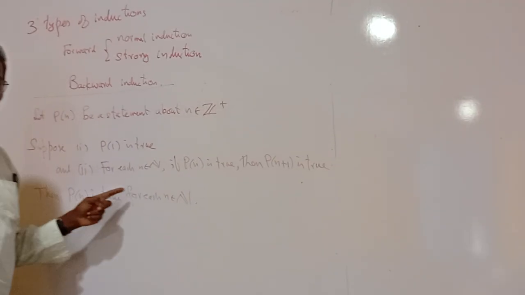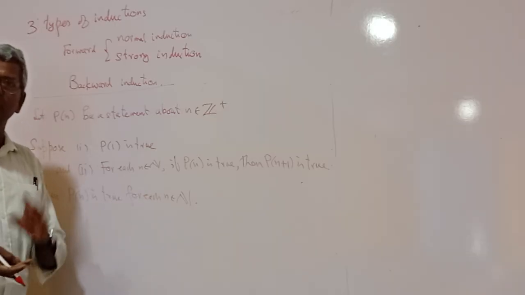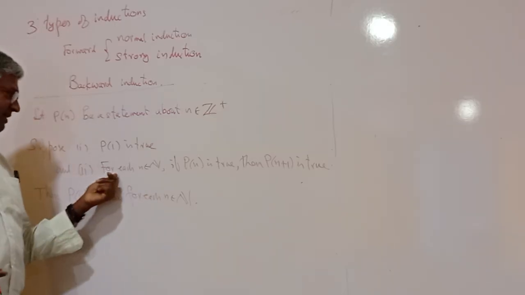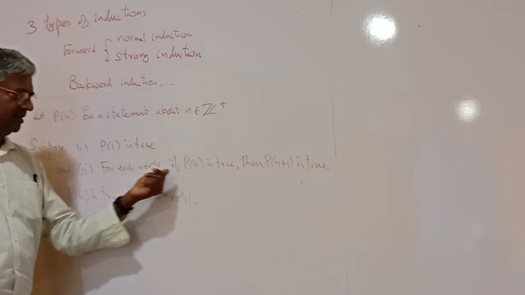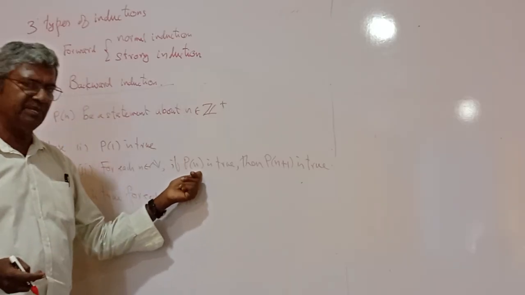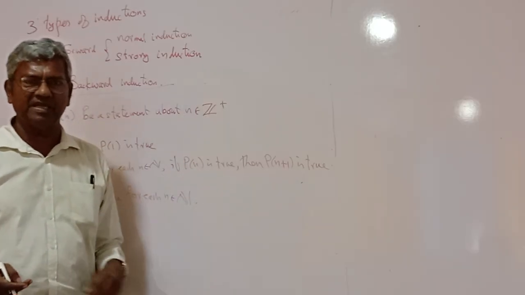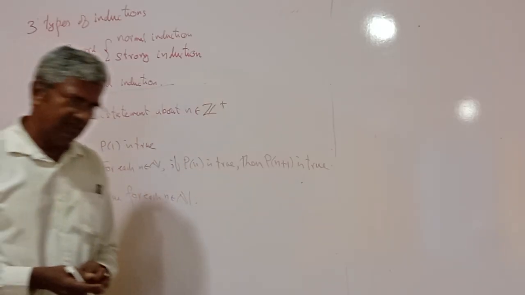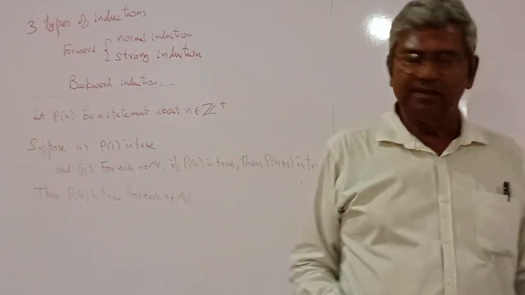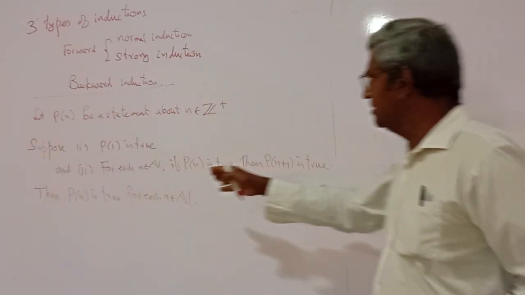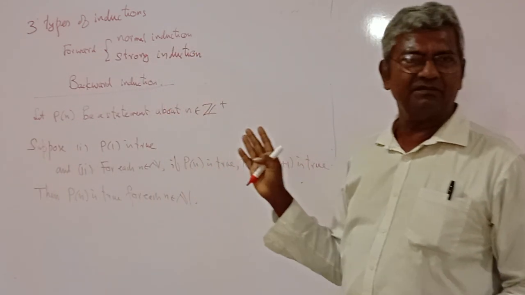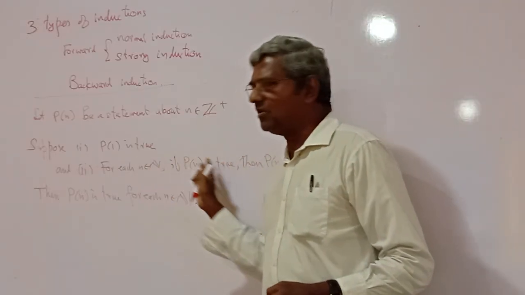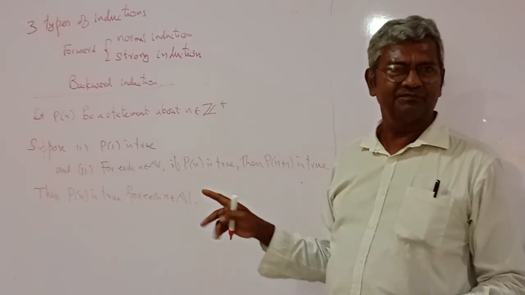In A level, actually, you don't have induction problems like this. All you do is take an arbitrary n, assume Pn is true, then prove Pn plus 1 is true. That's the only method you do. But now you know that there are many induction problems you cannot do that way.